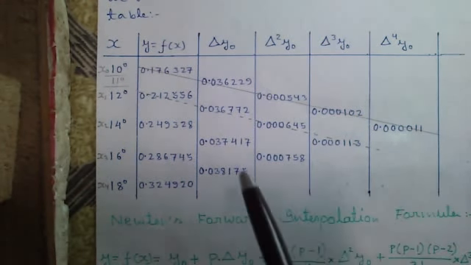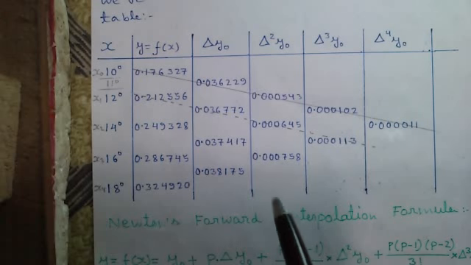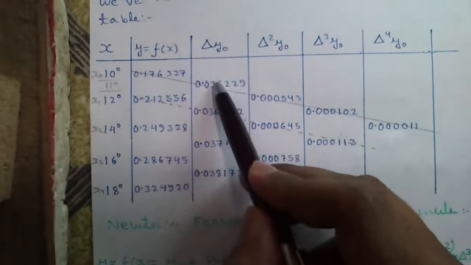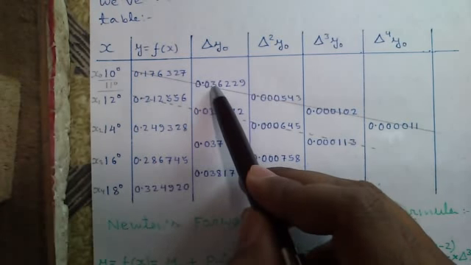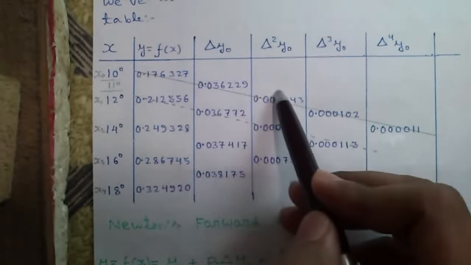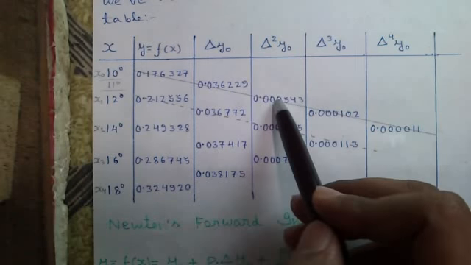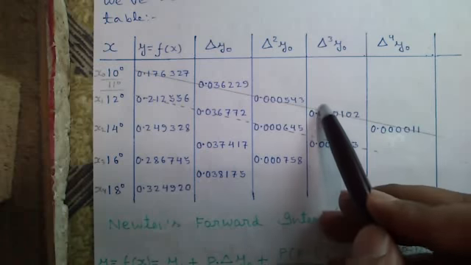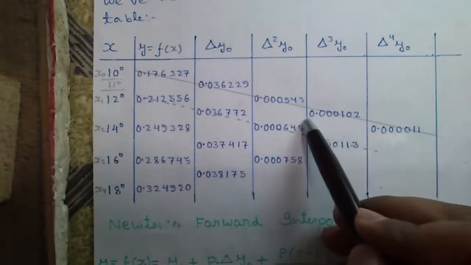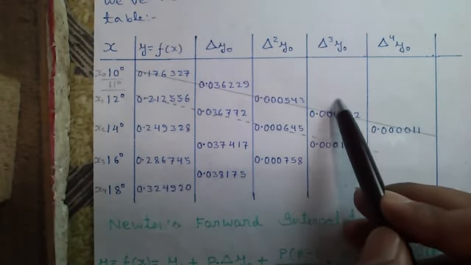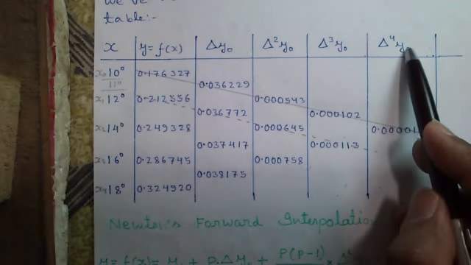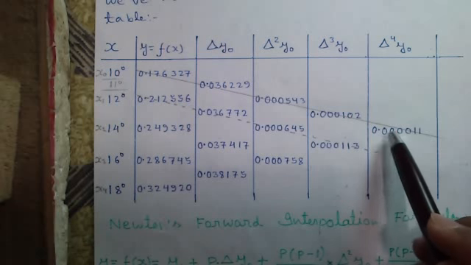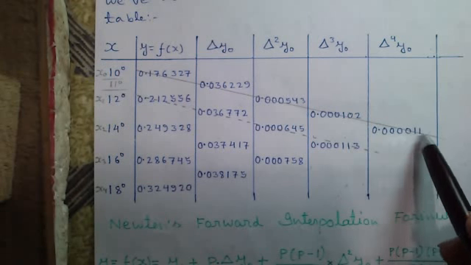For our question, del y0 will be along the line in the del y0 column, that is 0.036229, and del square y0 will be along the line in the del square y0 column, 0.000543, and del cube y0 will be along the line, 0.000102 in the del cube y0 column, and del 4 y0 will be along the line in the del 4 y0 column, that is 0.4011.